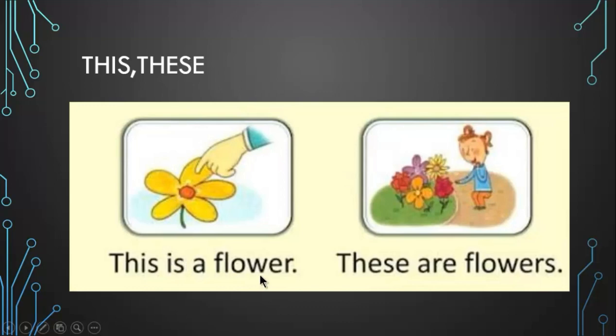This is a flower. One flower is there, so we use THIS. But if many flowers are there, then we will use THESE. And for plural we use are and for singular is. Okay? Now next.